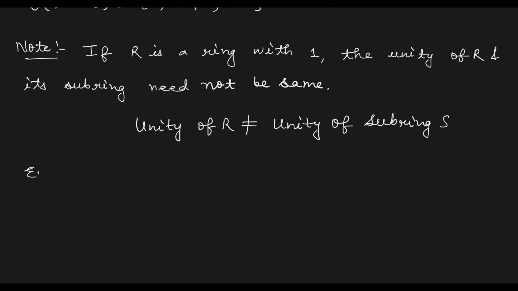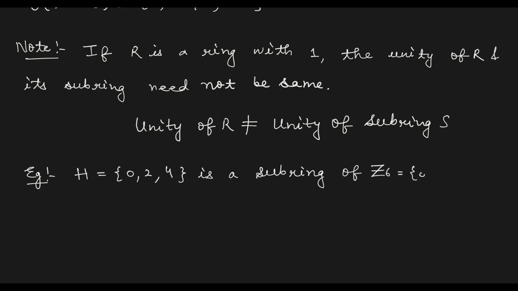For example, H equals 0, 2, 4. This is a subring of Z6, which is 0, 1, 2, 3, 4, 5. So basically I have picked all the even numbers as a subring of Z6.